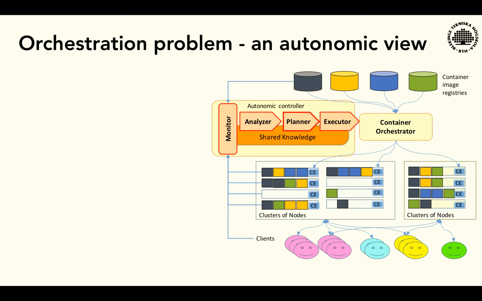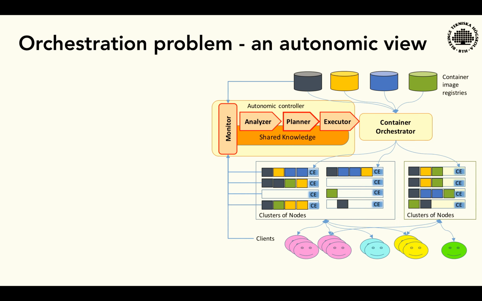And the problem I want to address is, as I said before, autonomic orchestration. If we consider a data center running containers, we have different cluster nodes. On each node, we have a container engine like Docker and the containers running the different application components.